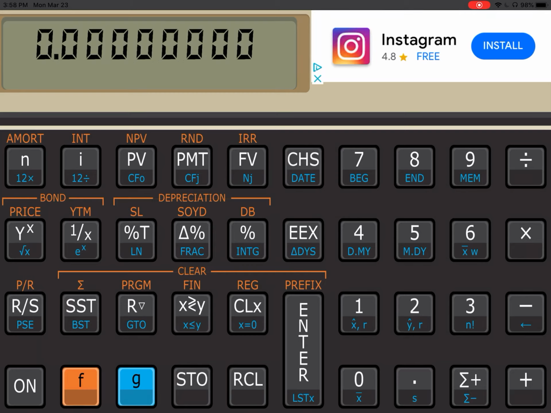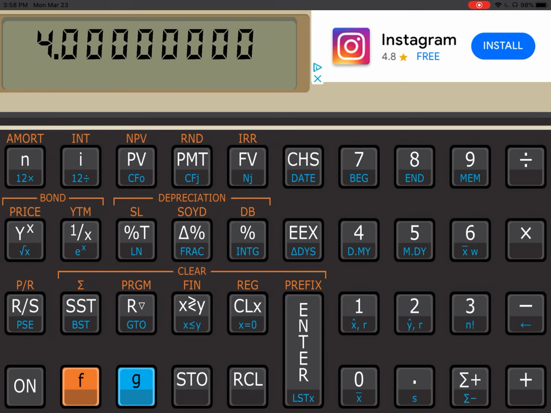If we wanted to add 1, we would put it into the stack column. 1 is now in that stack column, and it's ready to be used to apply some sort of math function to. So if we wanted to add 3 to 1, since 1 is showing on your screen, you could just say 3 plus.